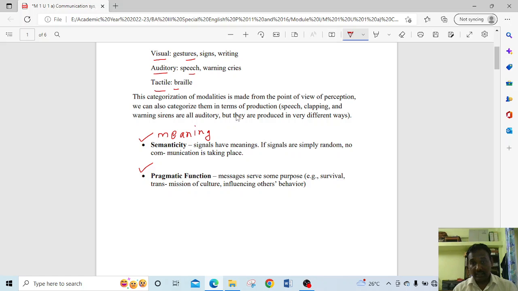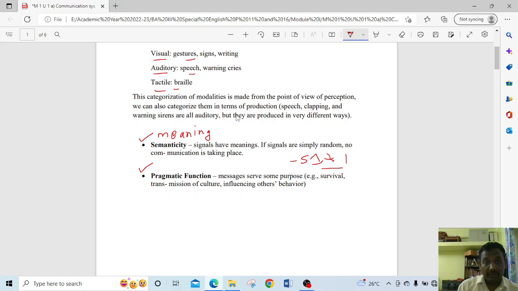Suppose I write down this word and tell you that this is a signal, you won't be able to identify this signal because it is not included in the language you have learned. So signals must have meaning.